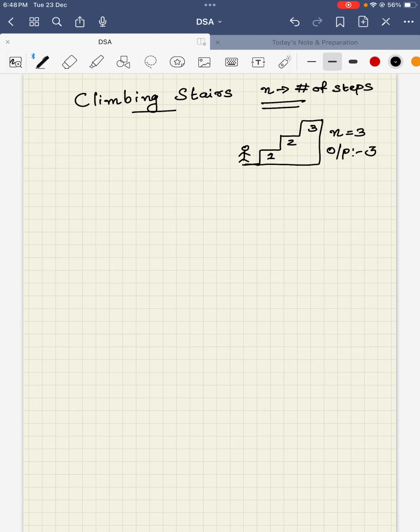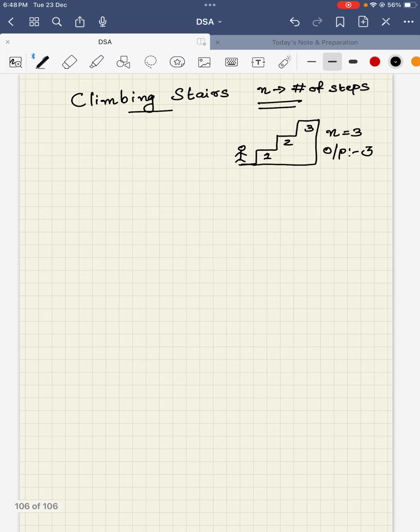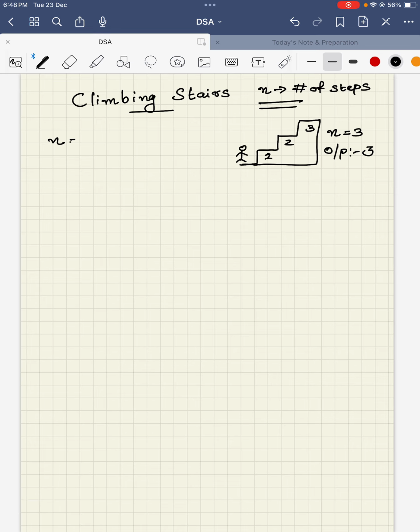So let's try to approach this problem using a method. Before going into that, there is a pattern associated with the problem. We just have to identify that pattern. For example, if n equals 1, he could simply use one step. That's the only possibility, so the number of ways would be 1.